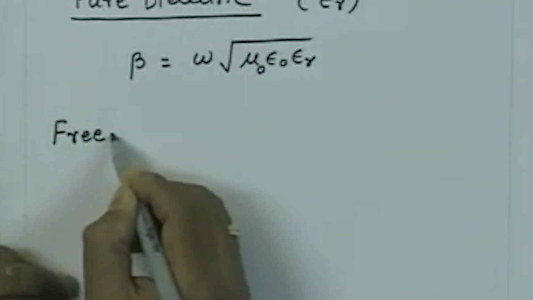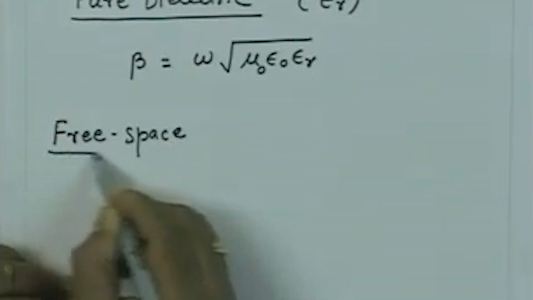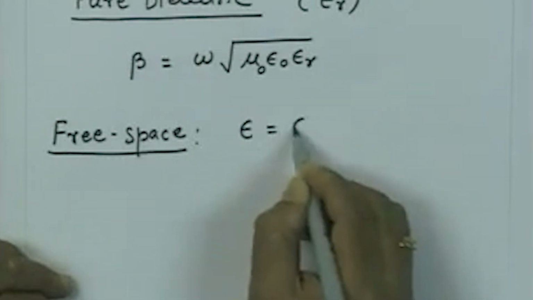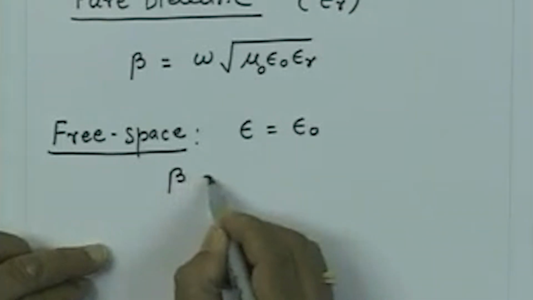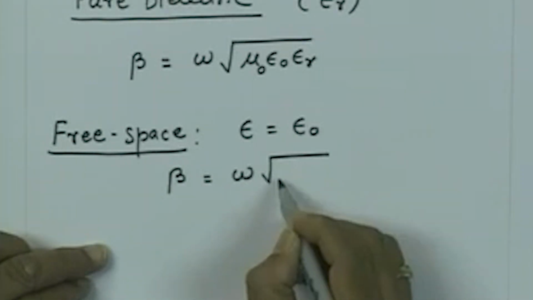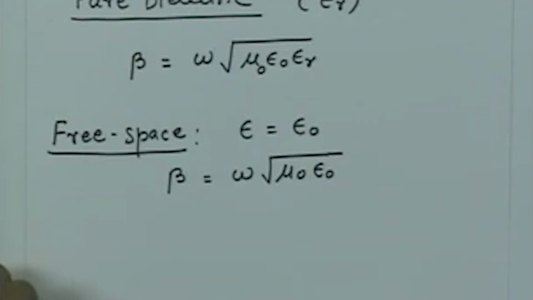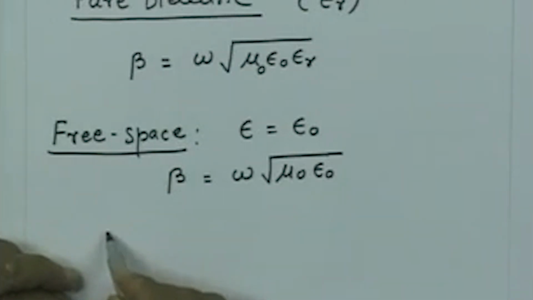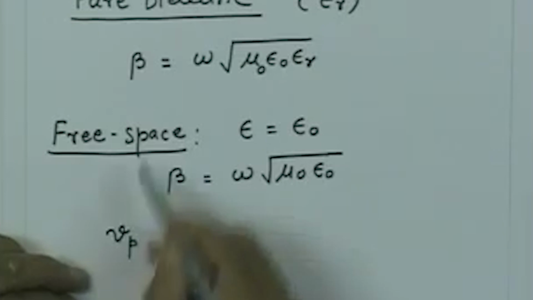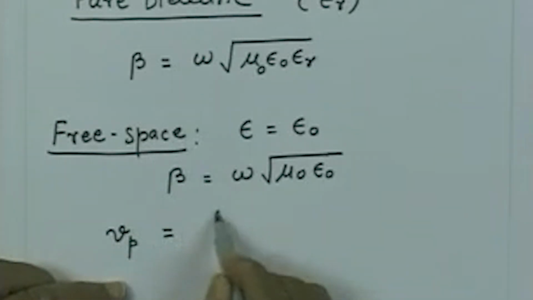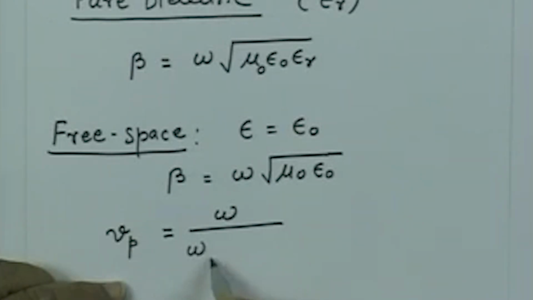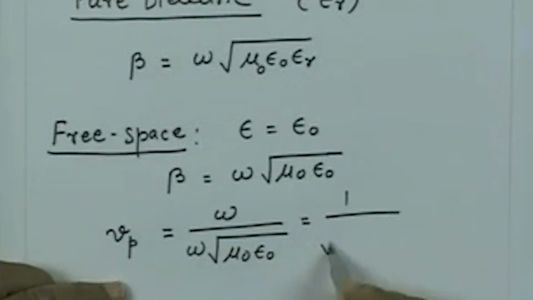For free space, epsilon is equal to epsilon 0 and beta is equal to omega square root mu 0 epsilon 0. So the velocity in free space, Vp, is equal to omega divided by omega square root mu 0 epsilon 0, that is equal to 1 upon square root mu 0 epsilon 0.